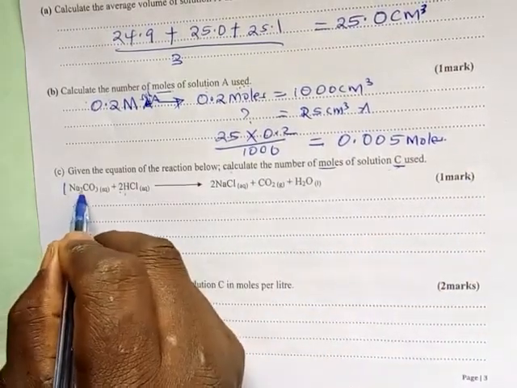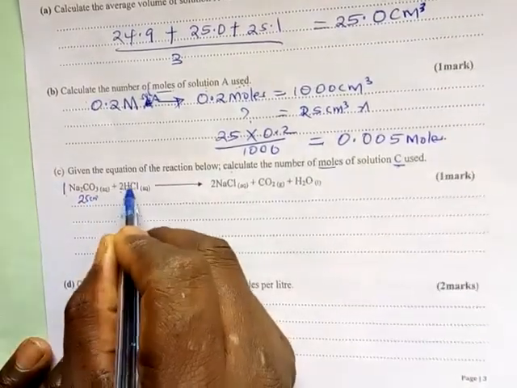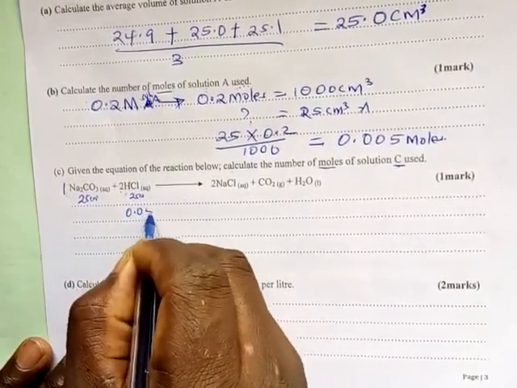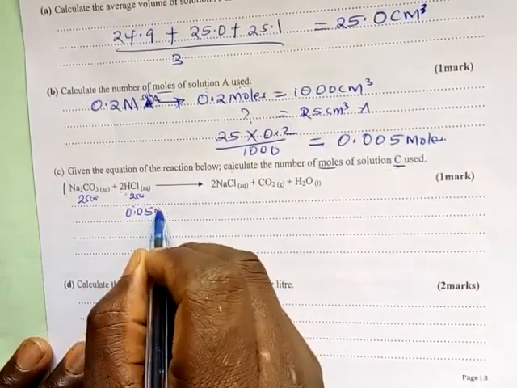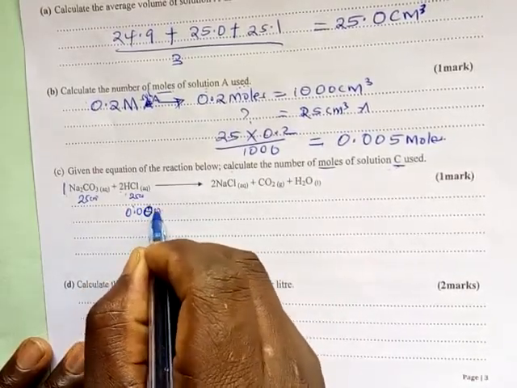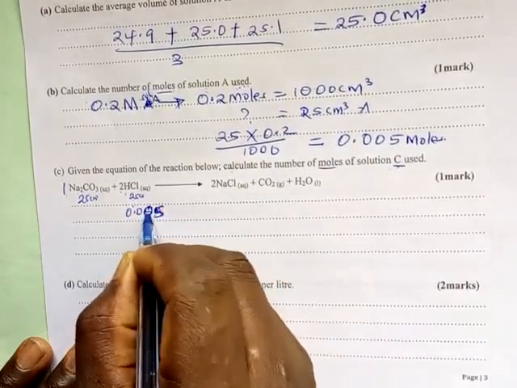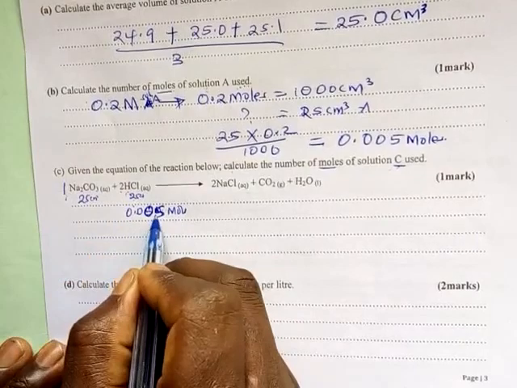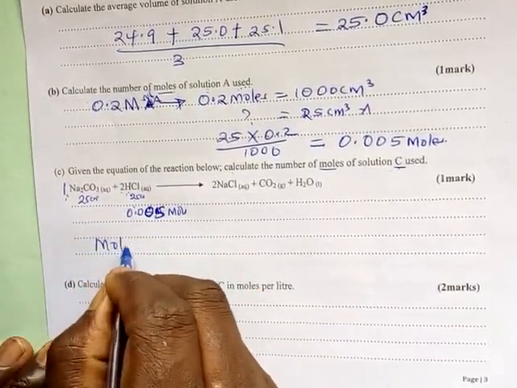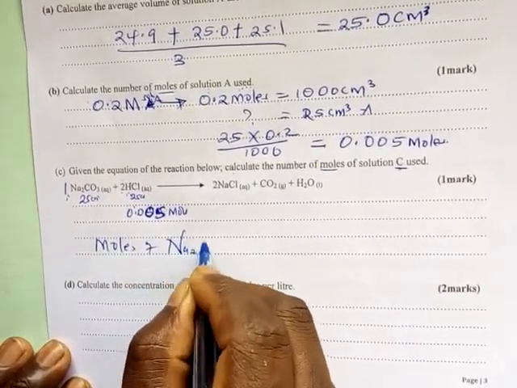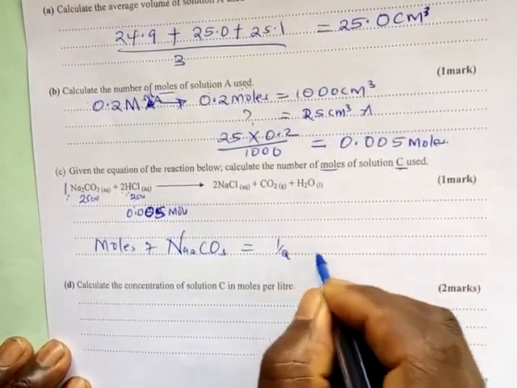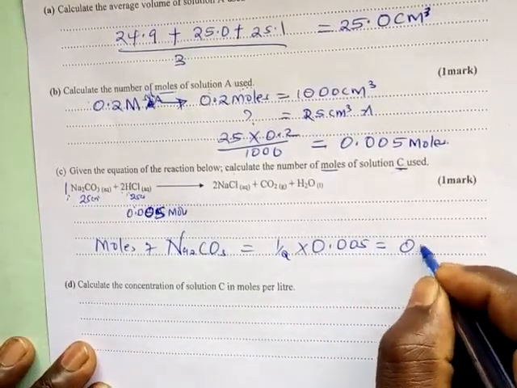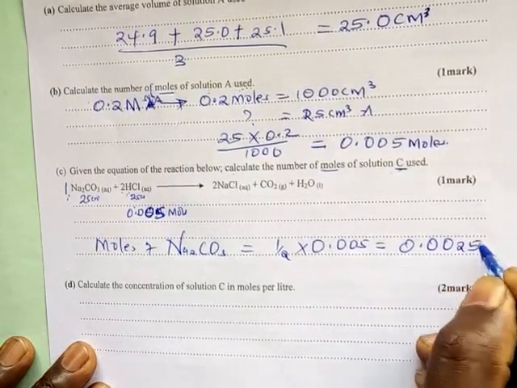Here we have used 25 centimeters cube of this, and this one also 25 centimeters cube, but we know the number of moles of this, 0.005 moles. But the ratio is 1 to 2. So if 2 is equal to this, then what will be this? So moles of sodium carbonate is going to be a half times 0.005, which is going to give us 0.0025 moles.